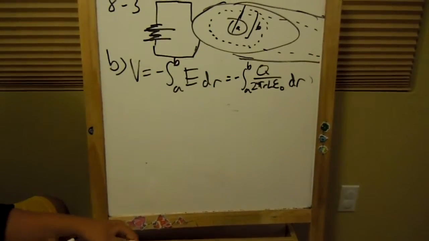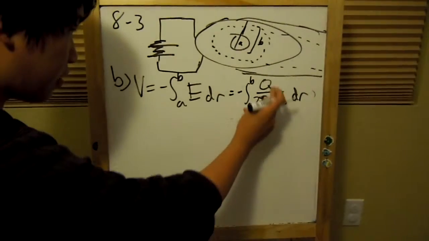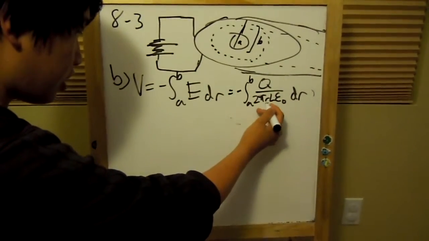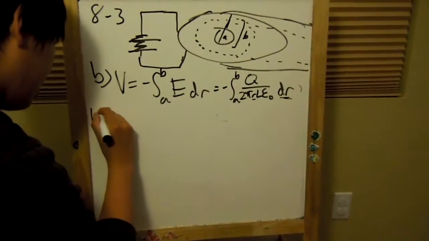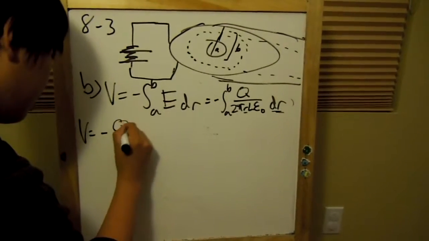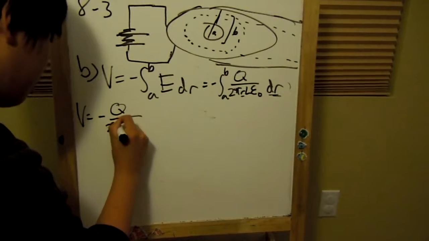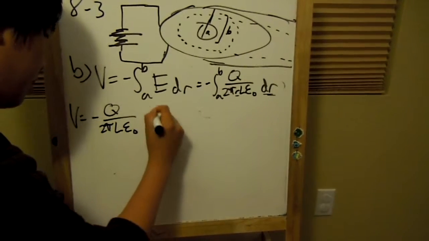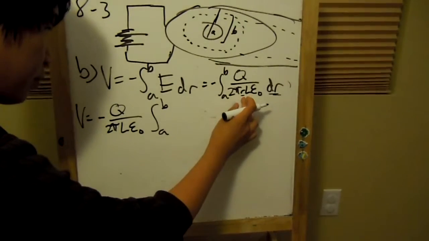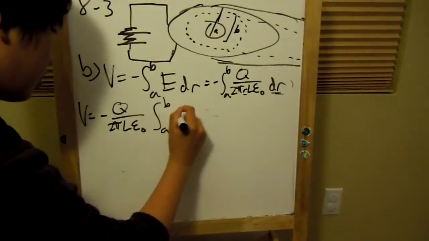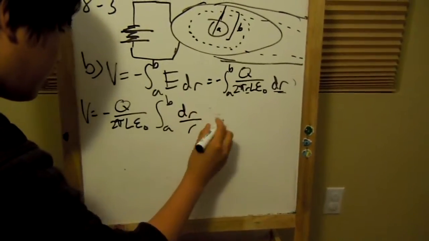Now pull out all the constants. Everything in here is constant except for the r, and that's the thing we're integrating over. So we're going to get V is equal to negative Q over 2 pi L epsilon naught, and then remember we have this r here and a dr, so we get dr over r.